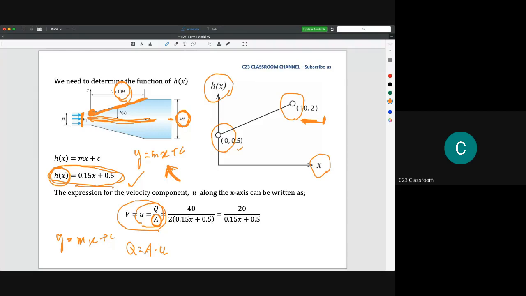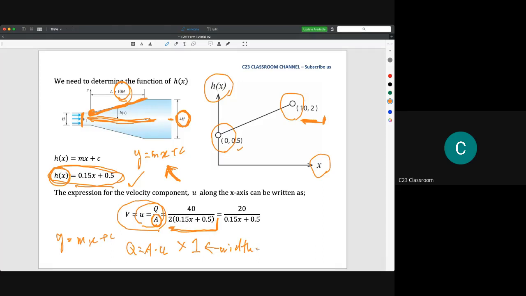So to get the value of A, we need to multiply hx with 2, and then times 1. 1 here is the width. Because the width is only 1 unit, we could simplify it as 2 times h.